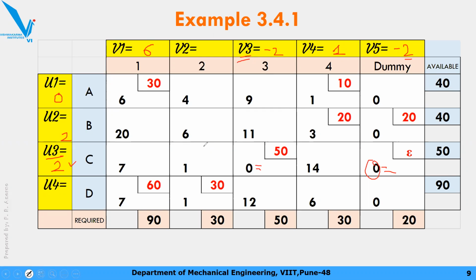नेक्स्ट u3 अगर 2 है, how much will be v3, 0 equal to 2 plus v3, that is minus 2, so v3 should be minus 2. नेक्स्ट आगे का वाला और कैलकुलेशन कर सकते हैं कुछ, ओके. v1 is 6, so 7 equal to u4 plus v1, so v1 is 6, so u4 will be 1. देन v2 कैलकुलेट करेंगे, for that 1 equal to u4 plus v2. u4 is equal to 1, so v2 should be equal to 0.